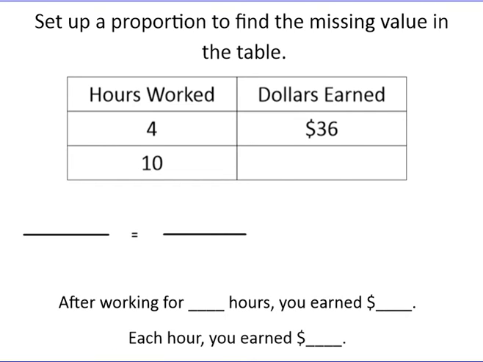All right, now let's look at a table. Okay, these tables are actually a lot easier than word problems once you learn how to do them, because the information is already sorted for you. Okay, so set up a proportion to find the missing value in the table. So here we have hours worked and dollars earned. Okay, remember, money always on top.